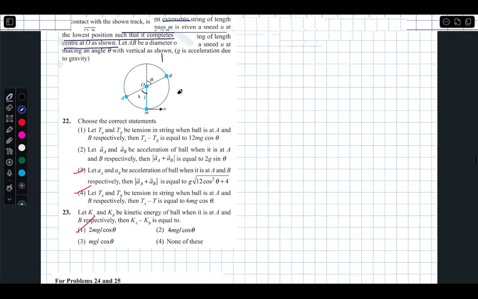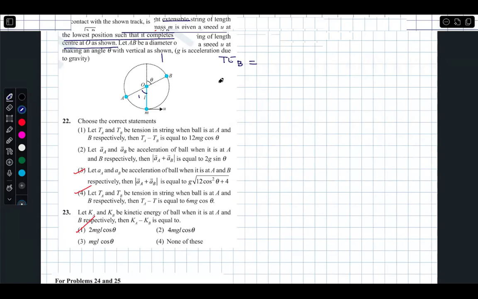Right. Now we will take the total energy at B. What is the total energy at B?